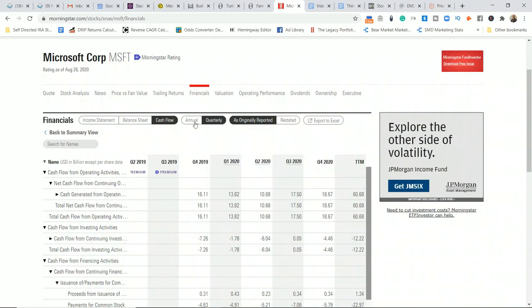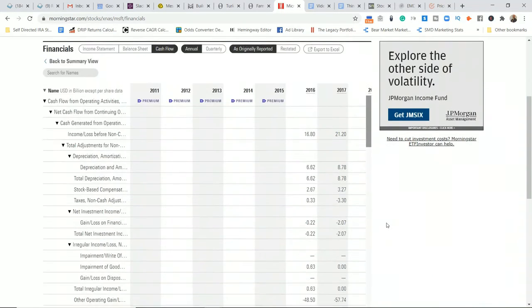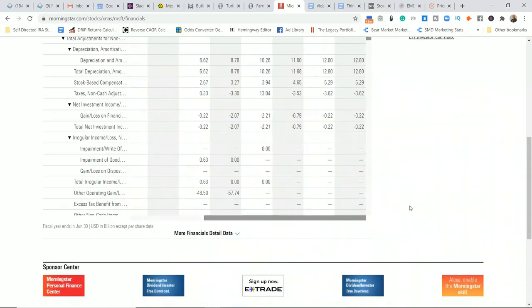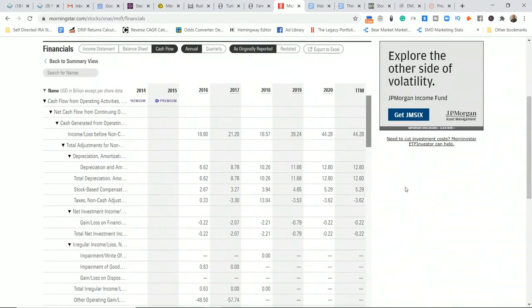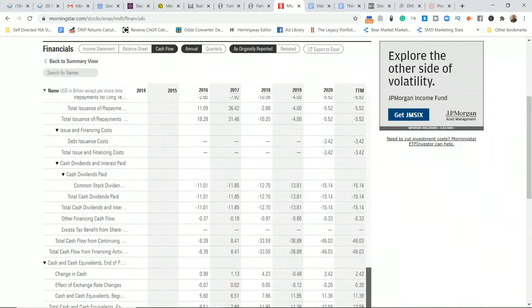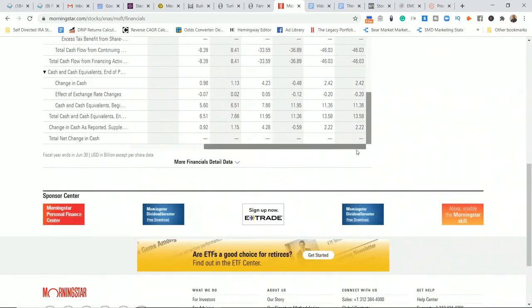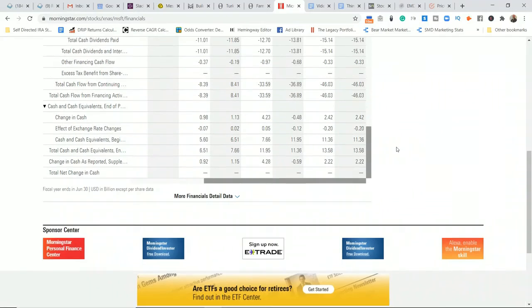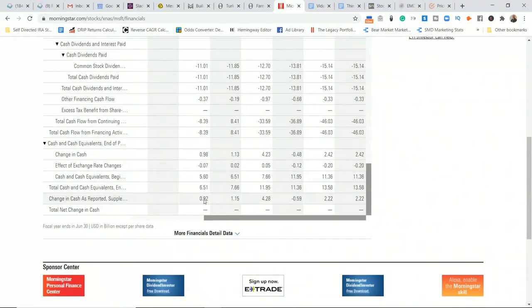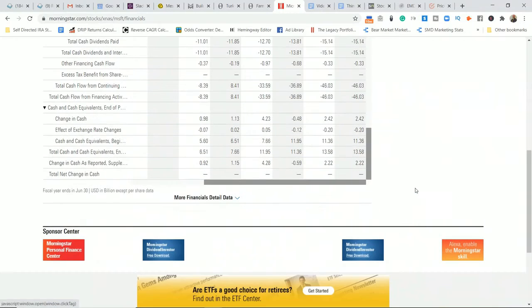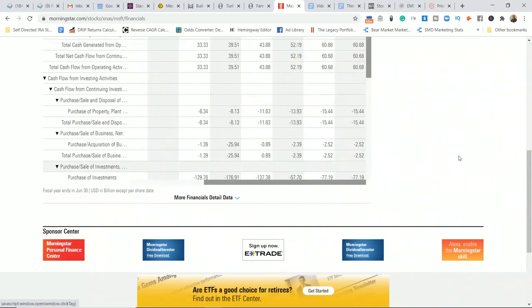But how does this compare over time? So this is where I would bring in the annual statement. So let's start down at the bottom so we can see what their cash flow has done over time. So right now it's higher than it was in 2016, 2017, 2018, or 2019 probably.